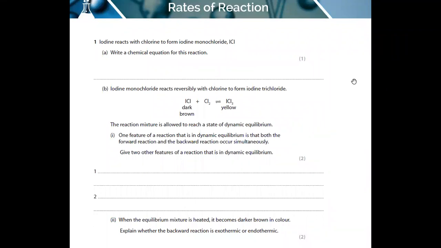I2, Cl2 and 2ICl. Good job. Now that's correct. I2 plus Cl2 is going to give you 2ICl.